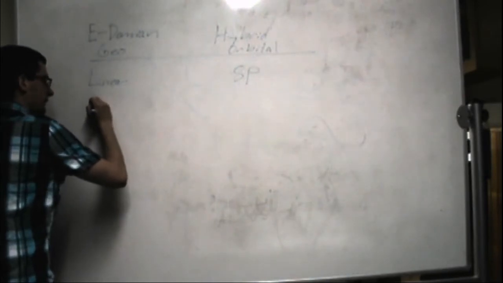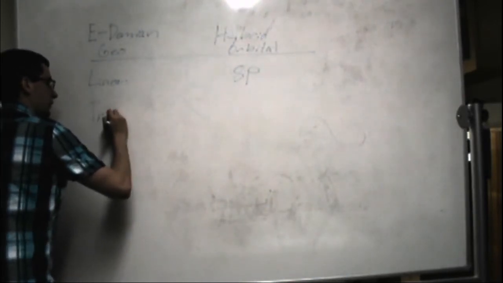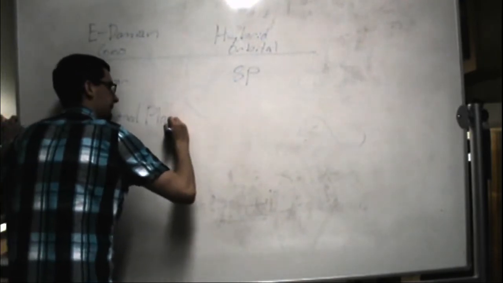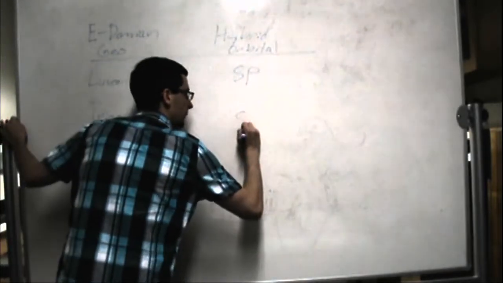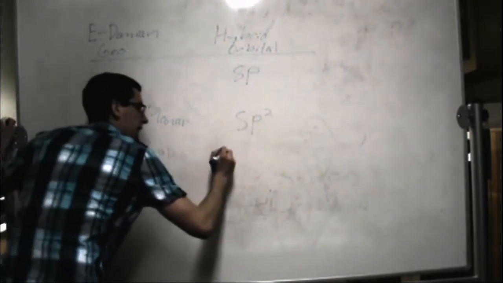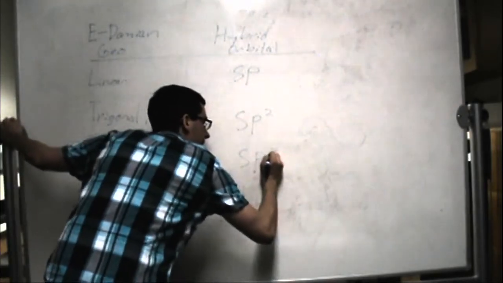When we have something that is trigonal planar, it'll be SP2. We have something tetrahedral, that will be SP3.